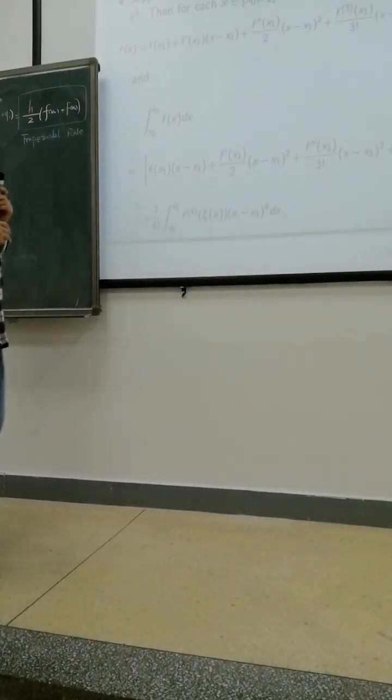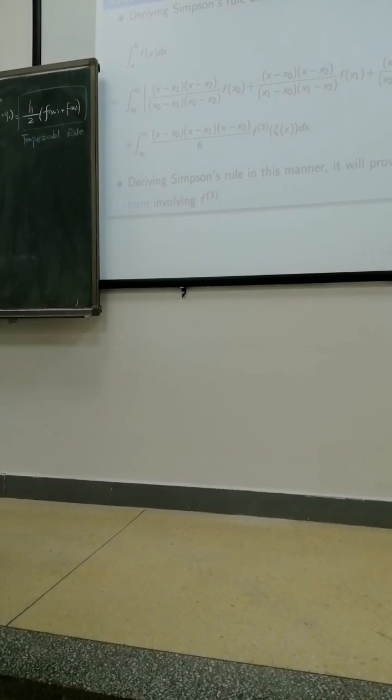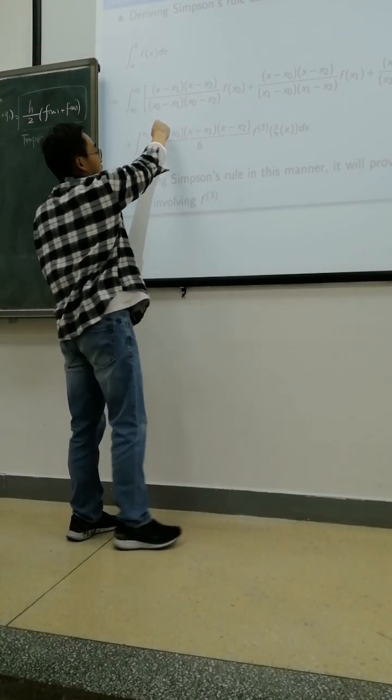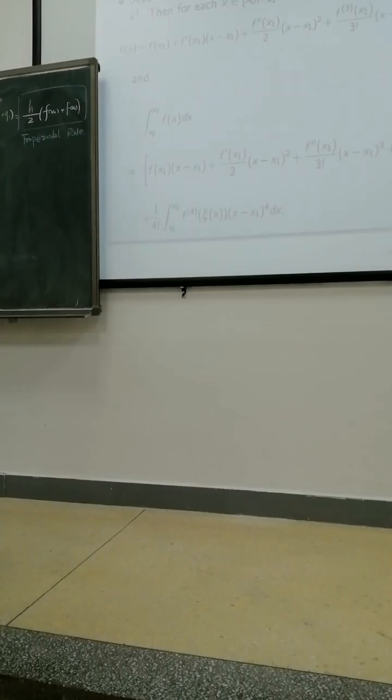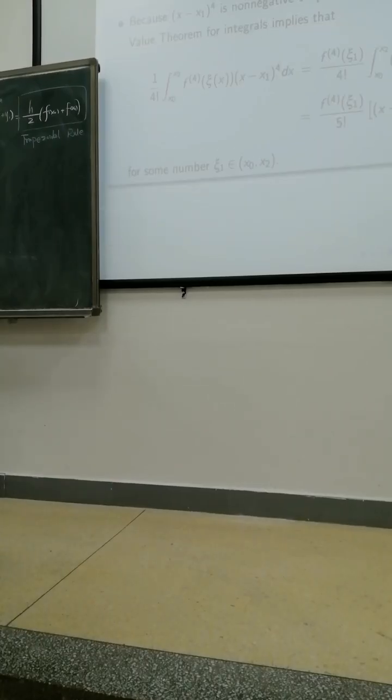Then we will get Simpson's rule. For the derivation, you can directly derive this one, or use this kind of technique. This is the direct derivation. Okay, this makes sense for you.